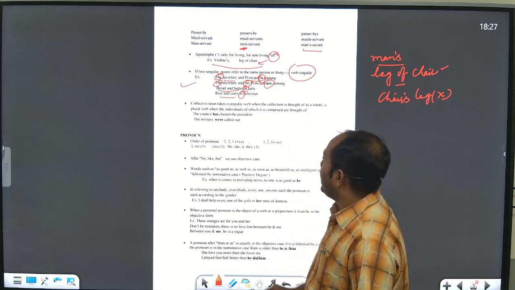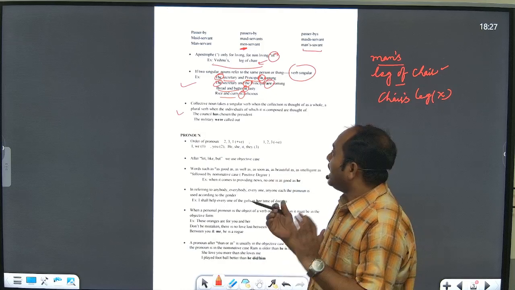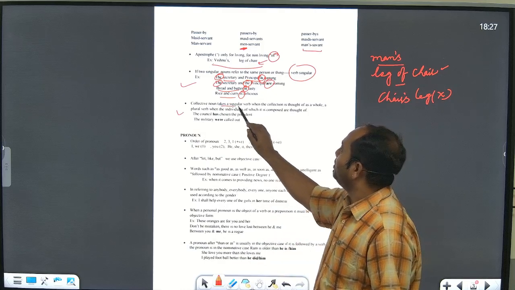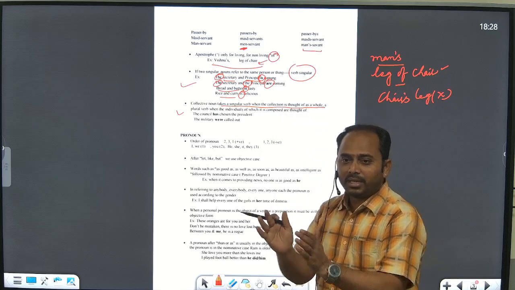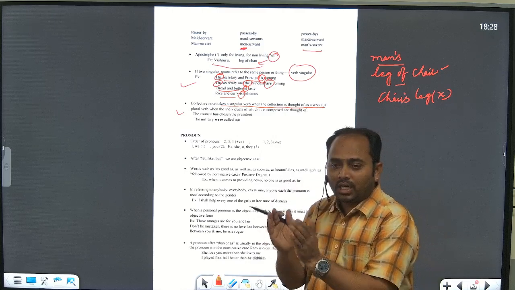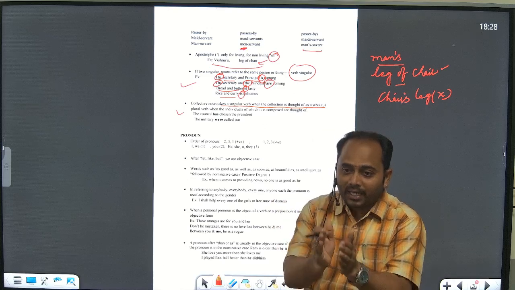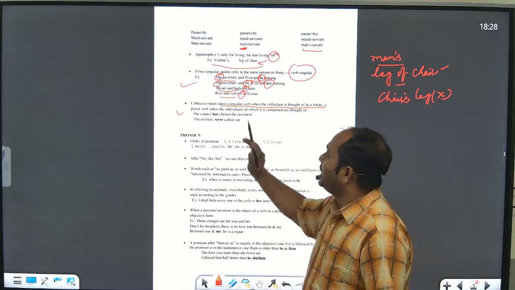Okay. And the next, collective nouns. Collective nouns take a singular verb when the collection is thought of as a whole. When that collective noun is considered as one single group, we should use a singular verb.